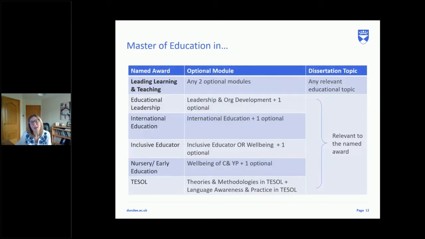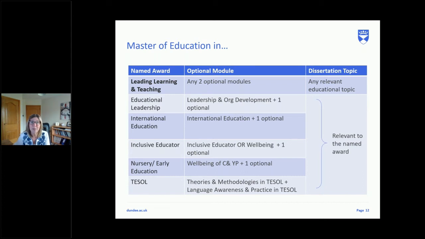To demonstrate how the named award and modules link, you can see that the generic Leading Learning and Teaching Award enables you to undertake 2 optional modules, along with having flexibility at dissertation stage. Whereas the named awards not highlighted in bold do require you to undertake specific modules, and the dissertation must focus on an area that's relevant to the named award.